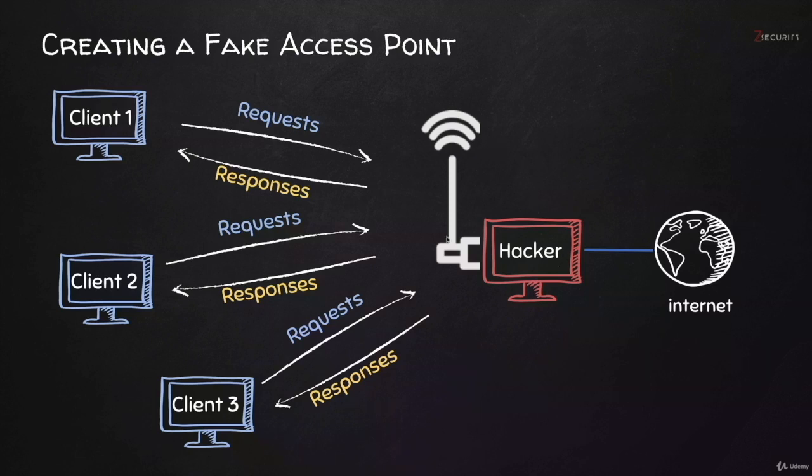So by default, we will be the man in the middle. Therefore, you'll be able to execute all man-in-the-middle attacks that you learned so far and any other man-in-the-middle attacks that you will learn in the future. So basically, ARP spoofing is one method of becoming the man in the middle, and what I'm going to show you right now is another method of becoming the man in the middle.